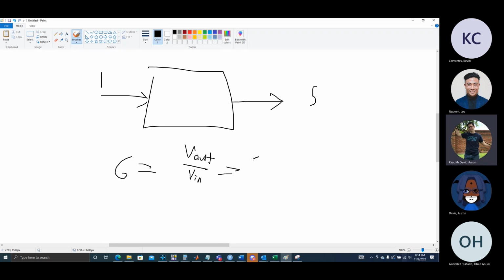And so that's going to be 5 over 1 volt, and I'll get you your 5 volts per volt.